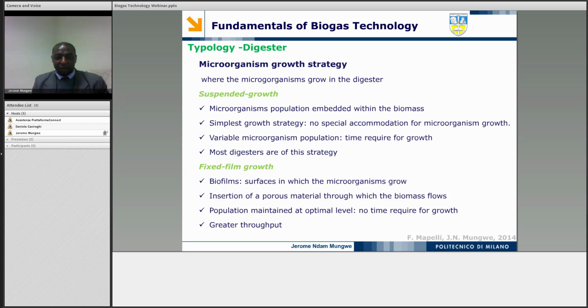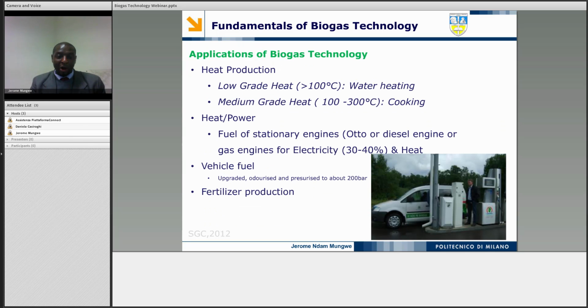In this type of growth strategy, the population of the microorganism is kept at an optimal level, so it doesn't take a lot of time for the microorganisms to grow. And because of this, digesters that operate in this mode have a greater output.